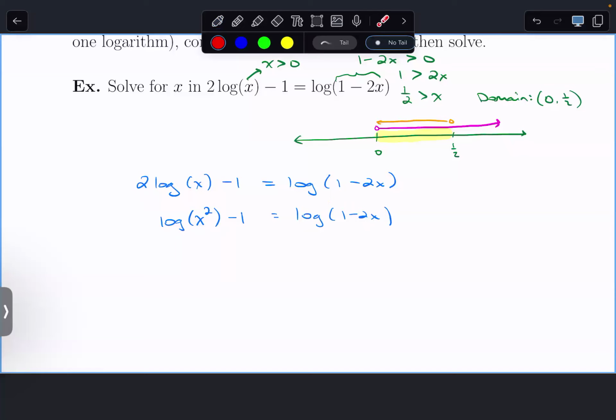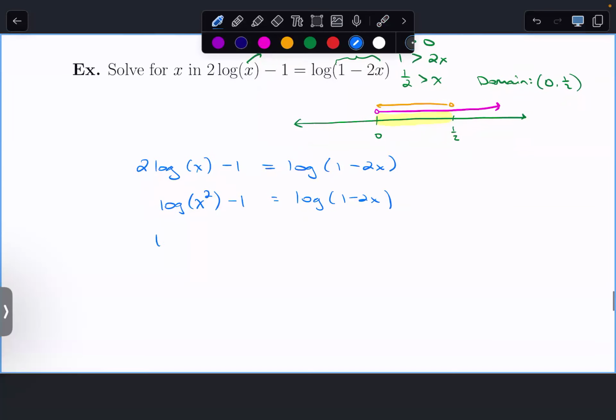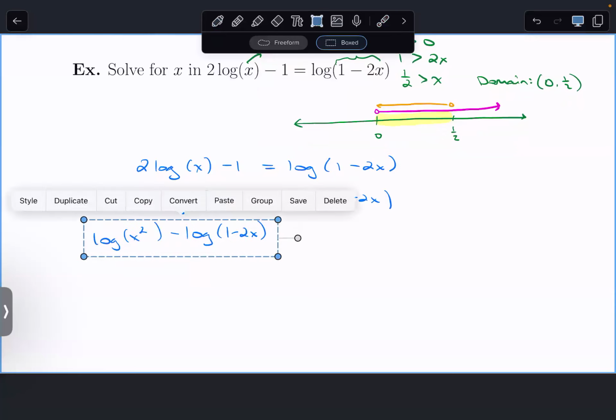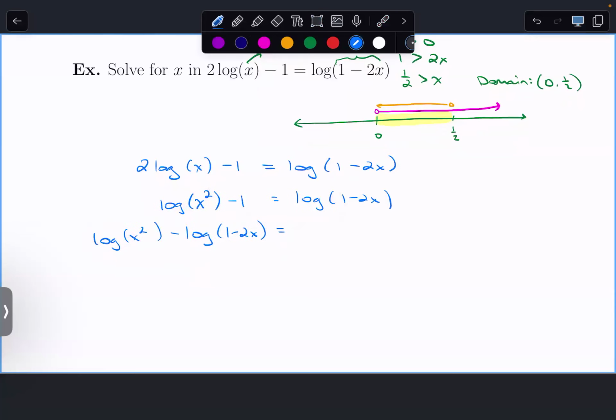You could convert it into a log, but I wouldn't just because you're trying to solve for x. So then introducing more logs kind of just makes a mess. And so you can get the log of x squared minus the log of 1 minus 2x, which is equal to 1.